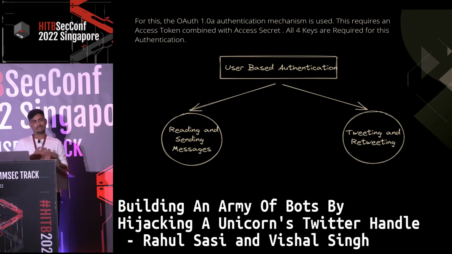In that case, one could do all the critical functionalities Twitter gives us, like reading tweets, reading DMs, retweeting, and gaining access to the followers; one can follow himself or herself as well. One can simply tweet anything from that account. These are the things that can be done with user-based authentication.